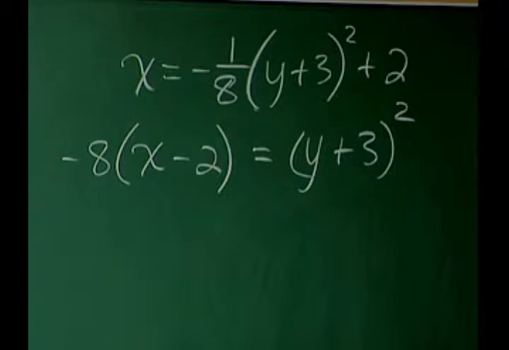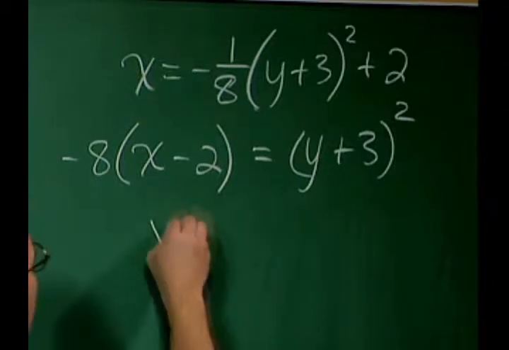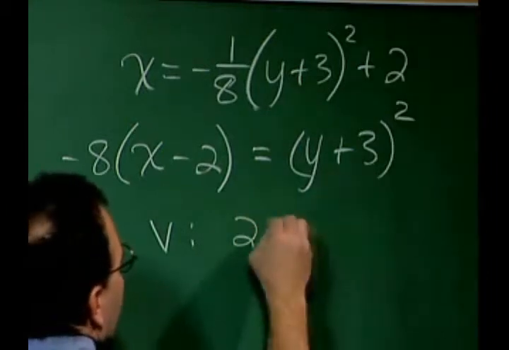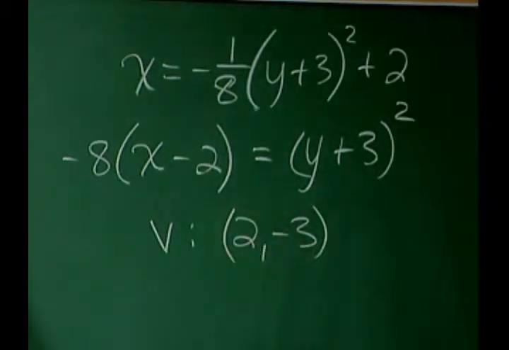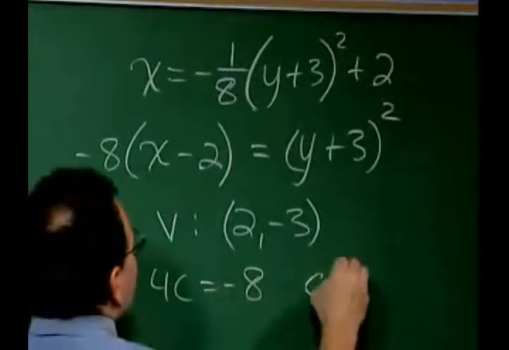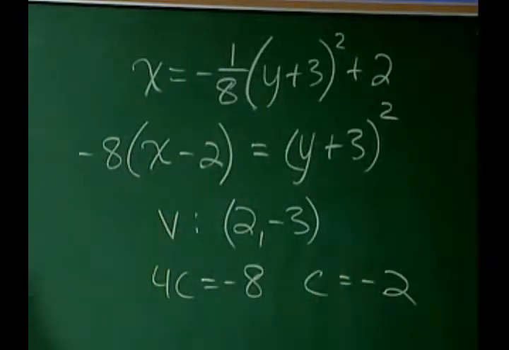And what I now know from this is that the vertex is (2, −3). I know that we can take 4c, and that's going to equal −8. So I know that c is −2. And what that means is that the parabola opens to the left.